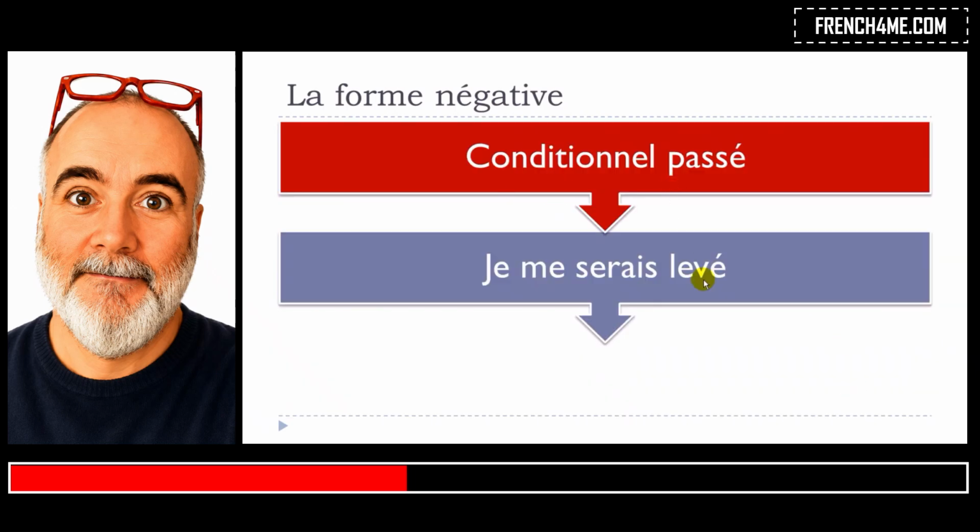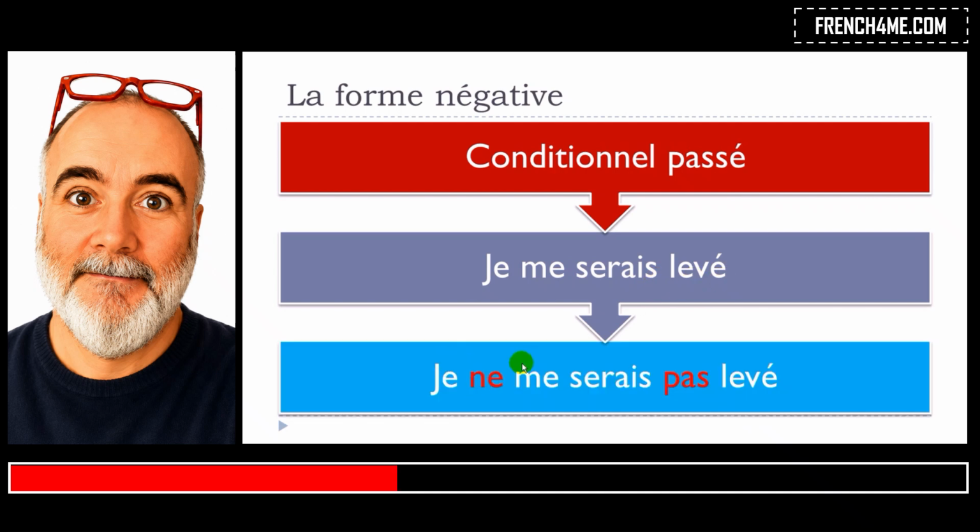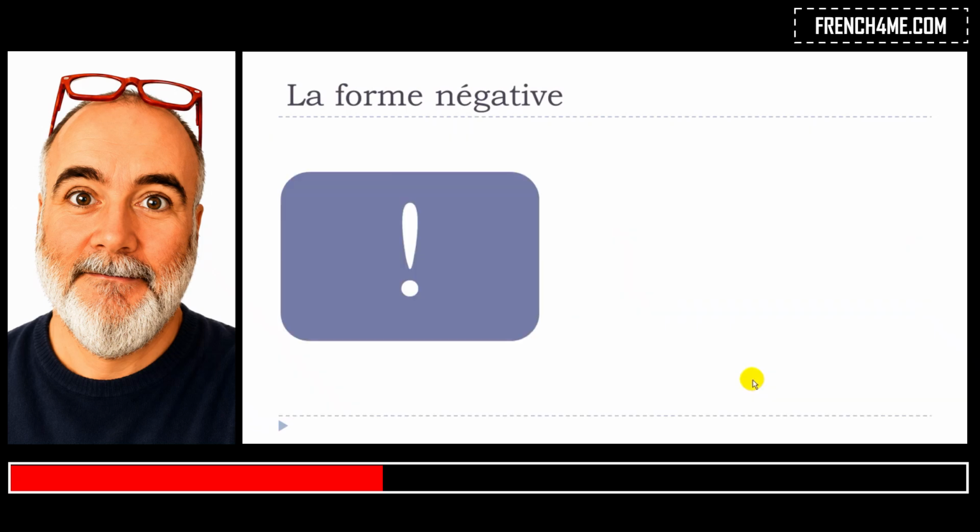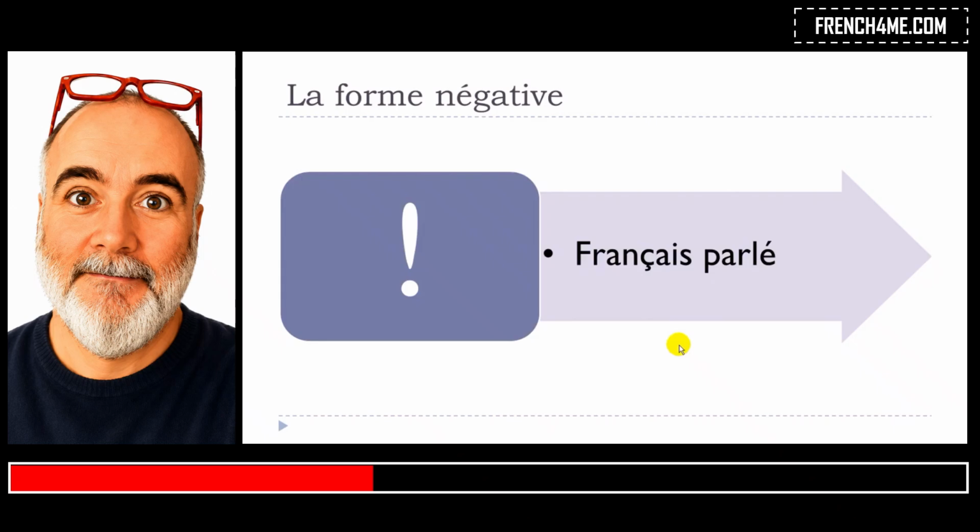Conditionnel passé, well, exactly the same thing. Je me serais levé. Je ne me serais pas levé. Okay? Keep in mind that actually, as you know, spoken French and written French can be different.